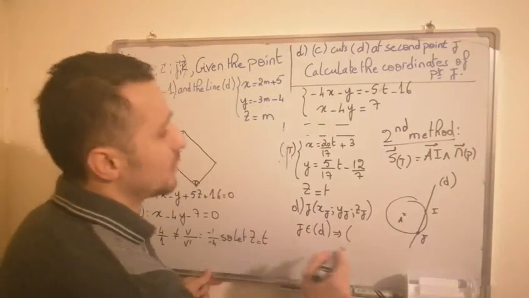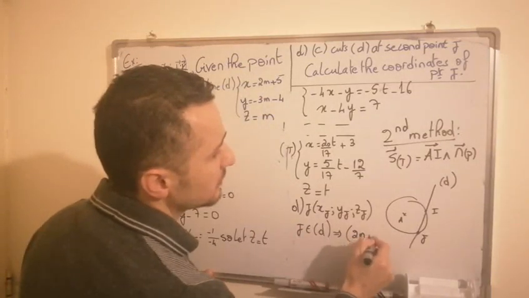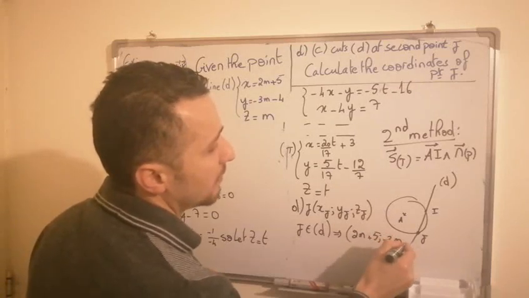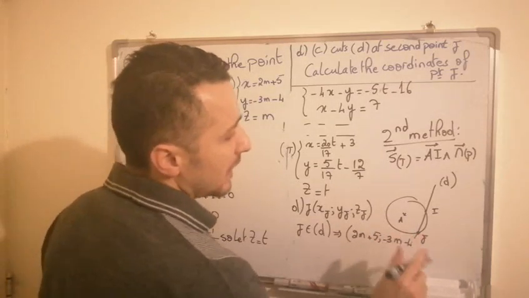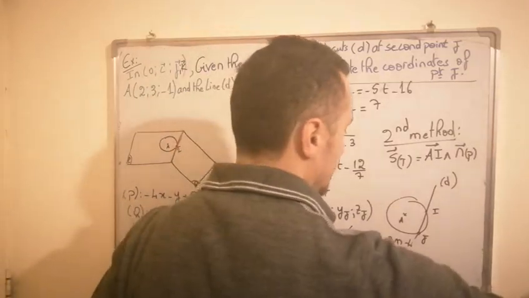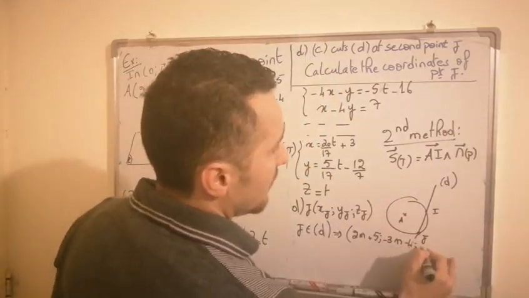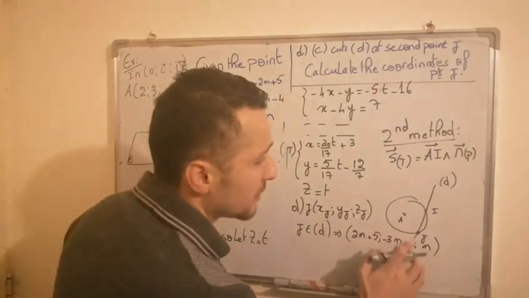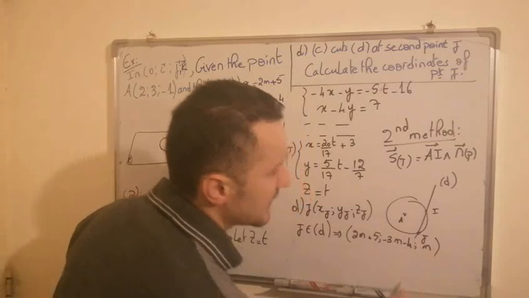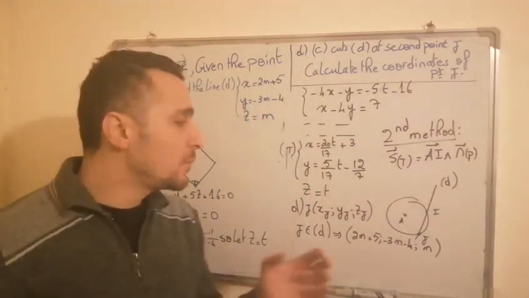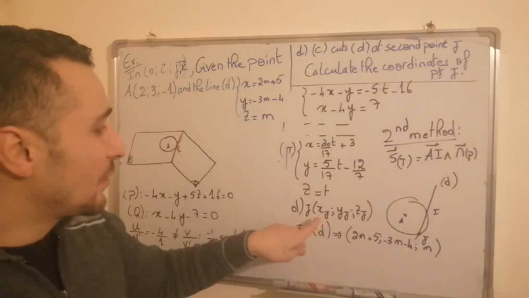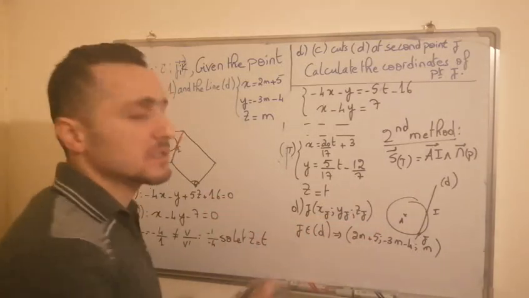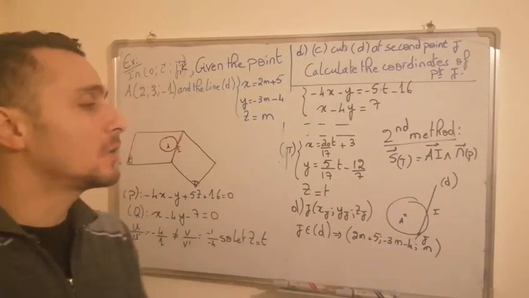So you take the equation of the line: 2m plus 5, minus 3m minus 4, and finally m. Now the step I did here, guys, is very simple, but it's very important. Why? Because we have three unknowns, and by using that J belongs to D we have only one unknown.